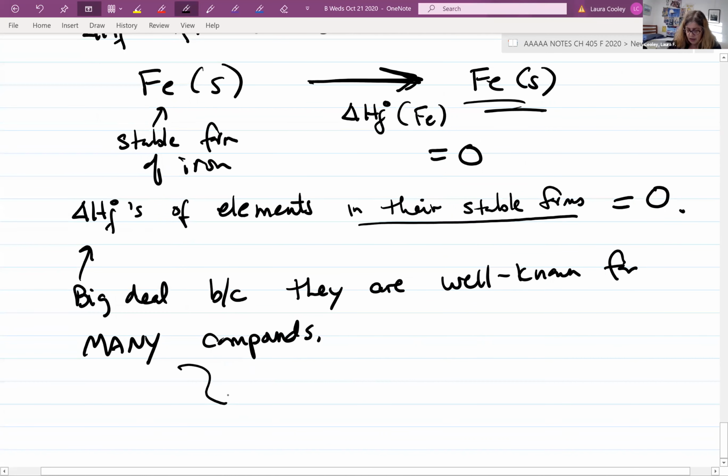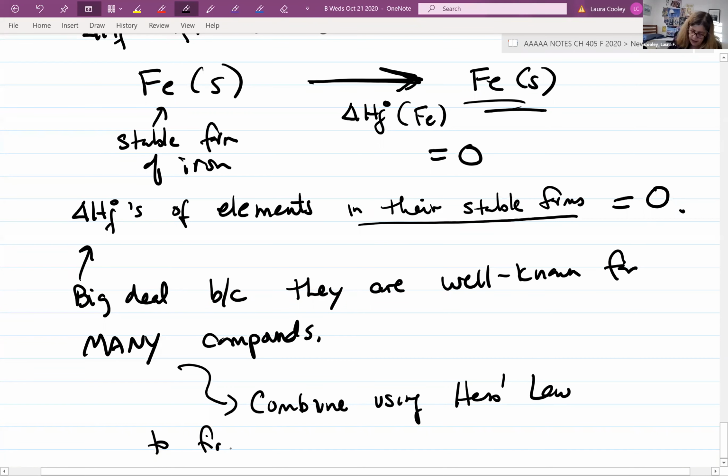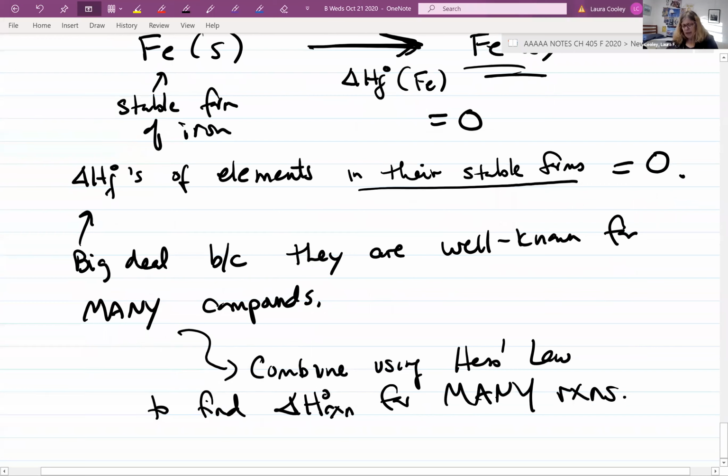And we can combine them using Hess's law to find delta H^0 reaction for many reactions. You could understand why this would be useful to somebody working in industry who wants to know how much heat is going to be absorbed or released in this reaction. So I'll show you that next time.